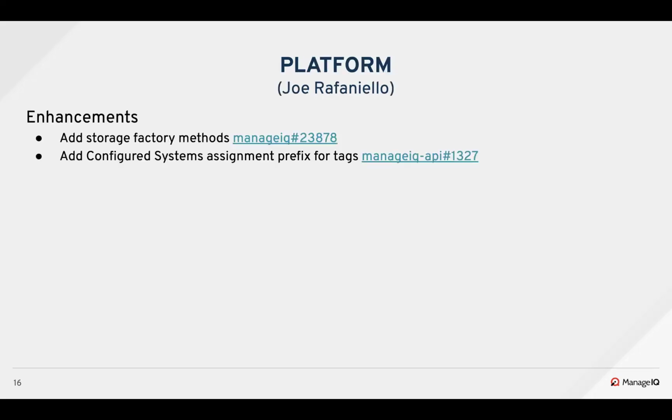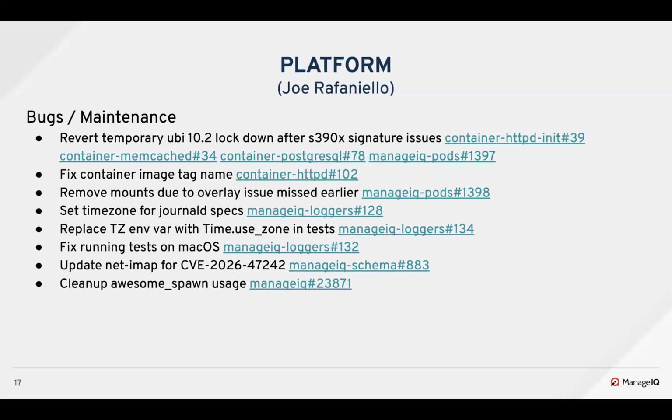Thanks, Adam. For platform enhancements this sprint, Aservad added factory methods for storage and core, and Andy added an assignment prefix for tags on configured systems in the API. Next slide. There you go. Okay, thanks.